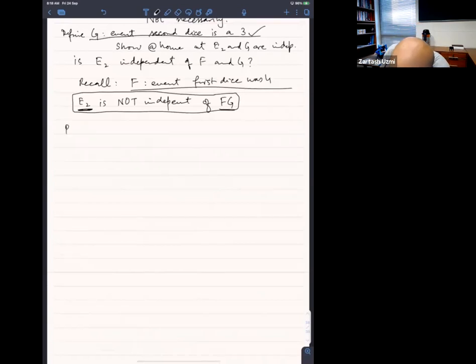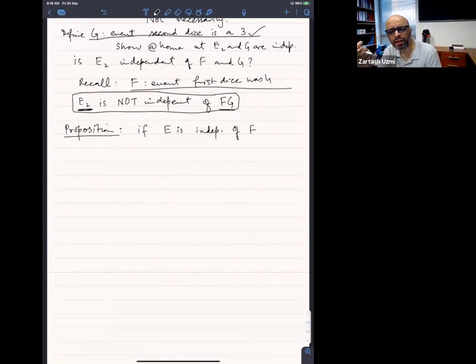Now, there is one proposition that I'm going to just quickly talk about. And the proposition is, if E is independent of F, when we say that E is independent of F, that means F is also independent of E. Okay? But we can say something else as well.